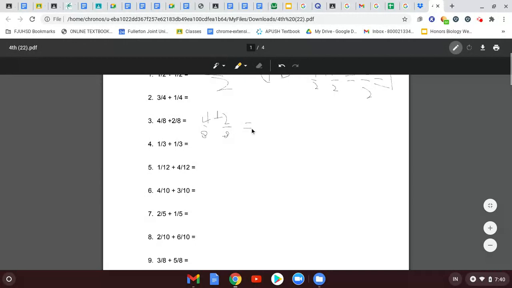Another way you can think about this is 4 plus 2 divided by 8, which equals 6 divided by 8. Okay, so 6 divided by 8. That's your answer, unless you want to simplify it, which would make it 3 divided by 4. Okay? Hopefully this makes sense.